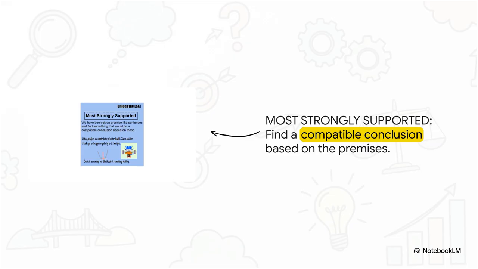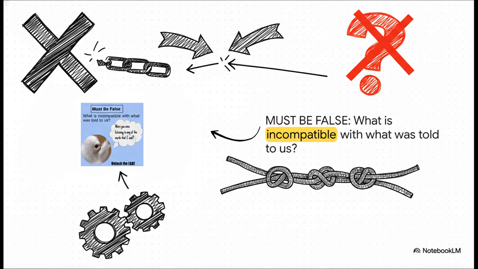They give you a set of facts, and your only job is to find the one conclusion among the answer choices that logically follows from what they've told you. Nothing more, nothing less. And on the flip side, of course, you have must be false. Here, you're hunting for the one answer choice that absolutely cannot be true if everything they told you in the little paragraph is true. It's the one choice that creates a total, direct contradiction.